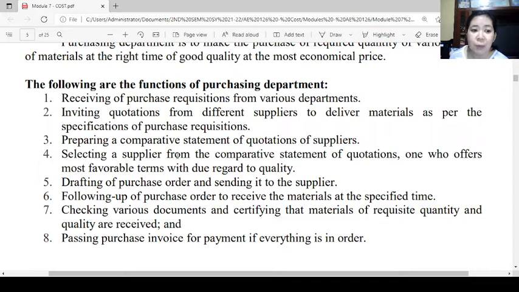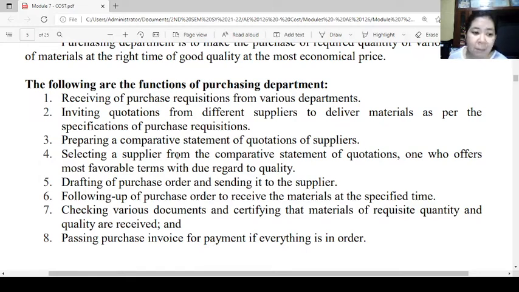Number 5, they will draft a purchase order and send it to the selected supplier. Number 6, they will follow up the purchase order to receive the materials at the specified time. Number 7, they will check various documents and certify that materials of requisite quantity and quality are received, meaning what was requested is what was received from the supplier.